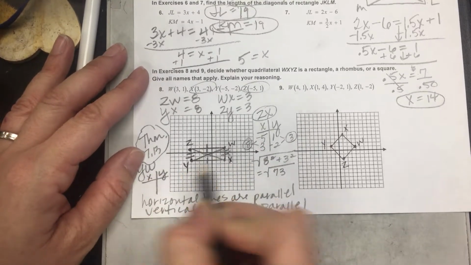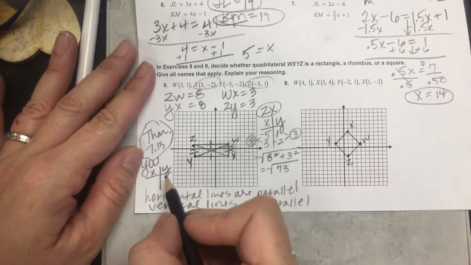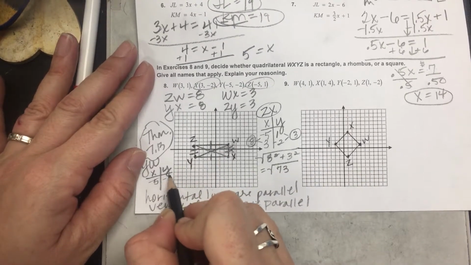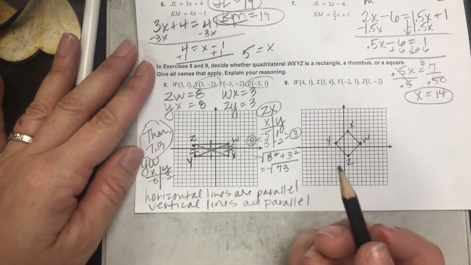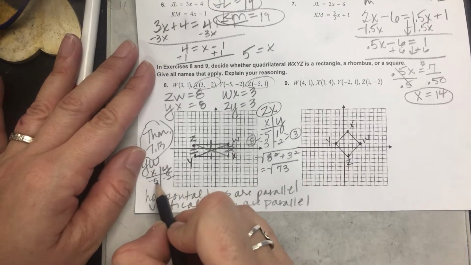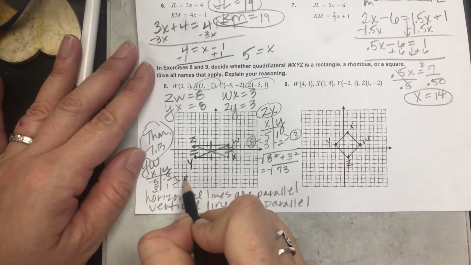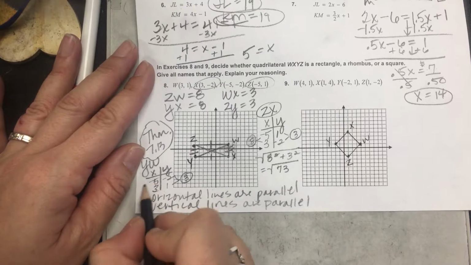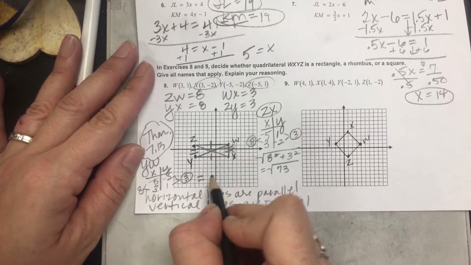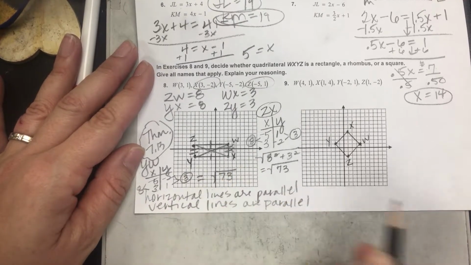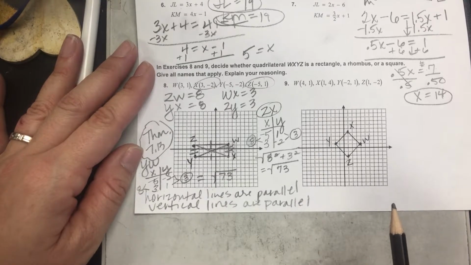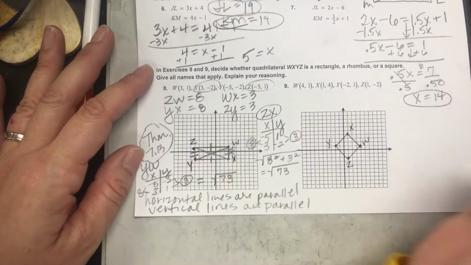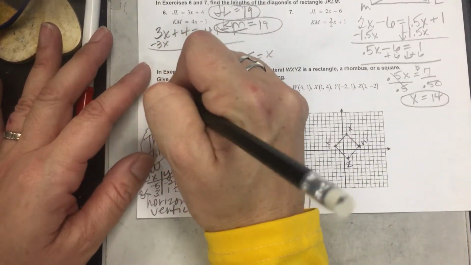YW is -5 and -2. If you're wondering, do I have to do all this work? Yeah, you do. 3 and 1. We're trying to show how far apart is 3, how far apart over here is 8. So guess what? I just showed that those diagonals are congruent. So since the diagonals are congruent and it's already a parallelogram, we are for sure that number 8 is a rectangle.